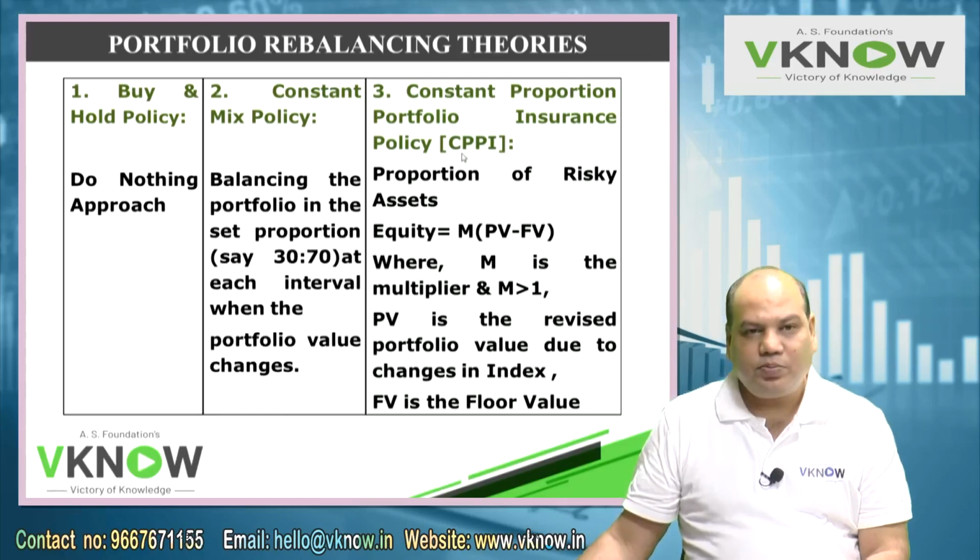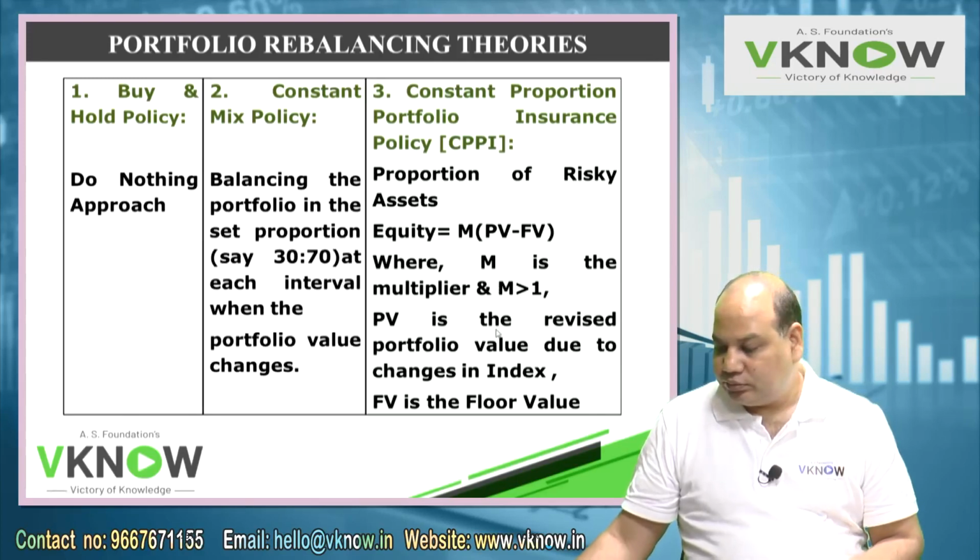And under CPPI, you will invest in equity equal to multiplier into the value of your asset minus the floor value. Floor value is decided by the investor. Multiplier is a number greater than 1, it depends on the investor, and FV is the floor value.